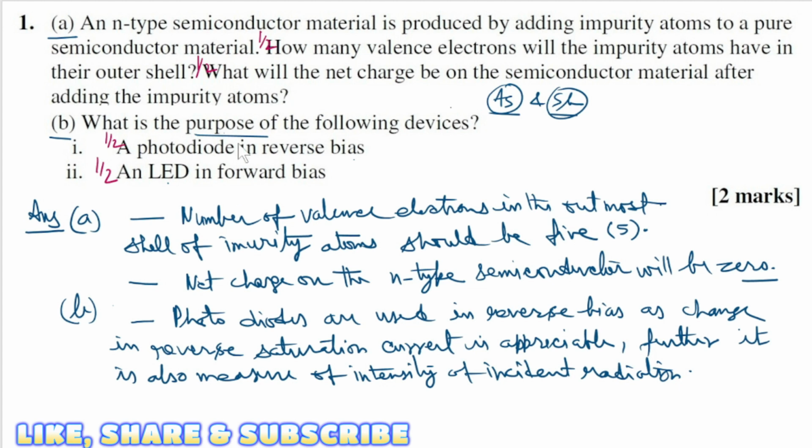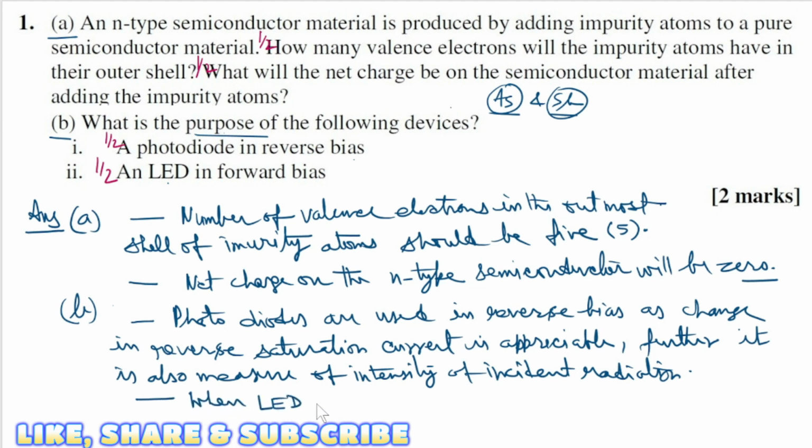Now the second subpart, the purpose of LED in forward bias. So when LED is used in forward bias, then large current flows due to diffusion of electrons, and it results in the production of monochromatic radiation.